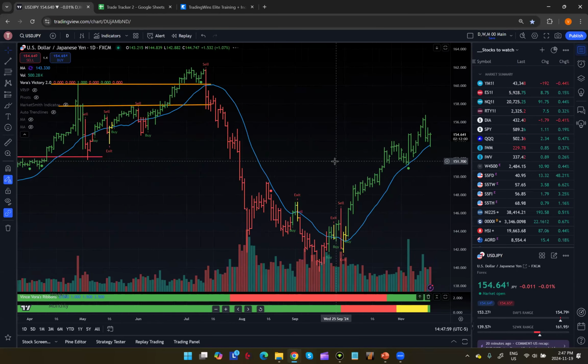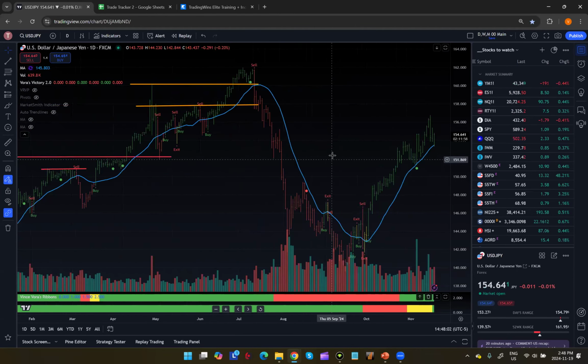So the other thing that, when you get the indicator, the other thing that it comes with is a training class on exactly how to use it. What we do in the training class is spend a lot of time comparing one setup to the other, because the rules are straightforward. I just gave them to you, right? But let's say you had 10 potential setups on the same evening.